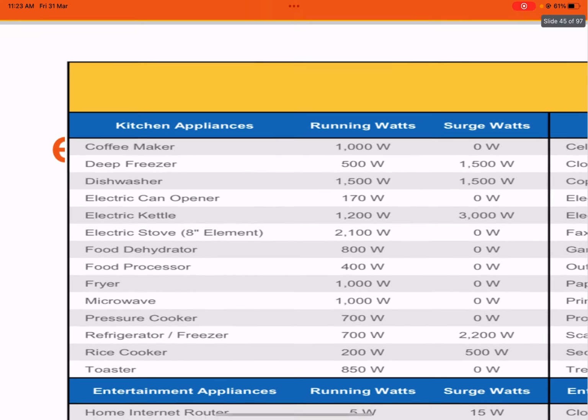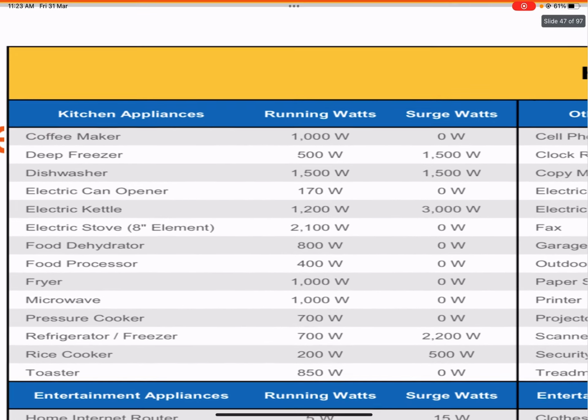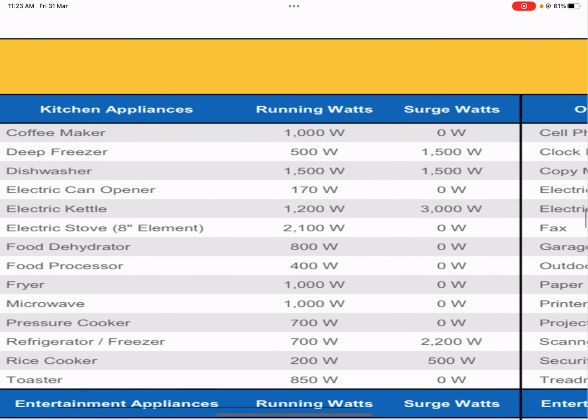You see a coffee maker. Now you see a deep freezer. A deep freezer will have an additional wattage or a surge wattage. When you start the appliance, the motor would draw electricity for a while, and that could be called a surge wattage. And during its regular operation, the wattage would be called a running wattage.